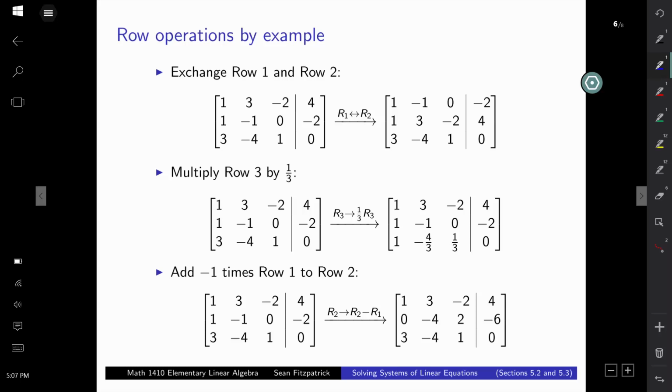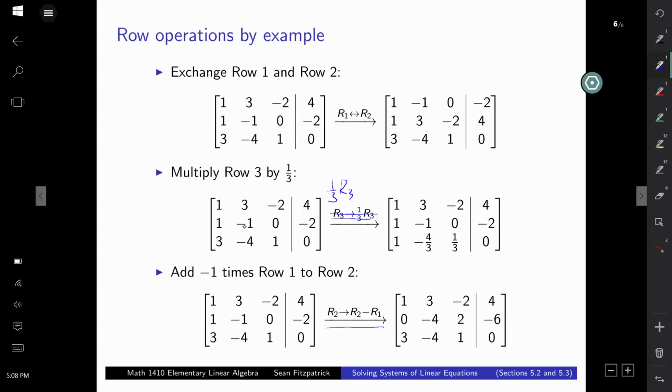And I could multiply one of the rows by a constant and add it to another row. So here, with this row operation, I've multiplied row 1 by minus 1 and added that to row 2, and that gets me to here. I'll leave you to pause and check that that's exactly what happens in that row operation. By the way, for consistency with the textbook, the notation you'll see in the textbook writes things the other way.